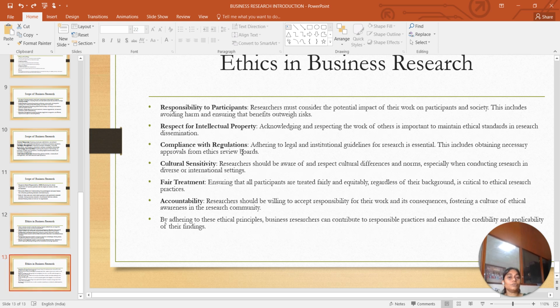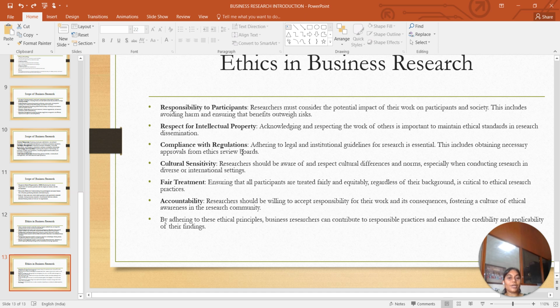The responsibility to the participants. Researchers must consider the potential impact of their work on the participants and the society. It includes avoiding the harm and ensuring the benefits outweigh the risks, and respect for intellectual properties. Acknowledging and respecting the work of others is important to maintain the ethical standards in the research.